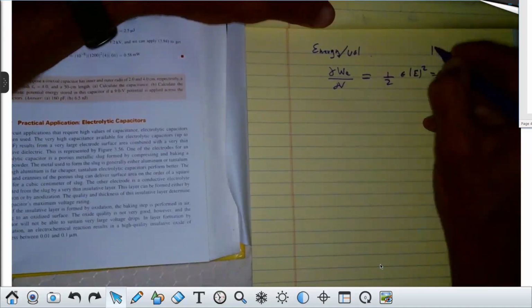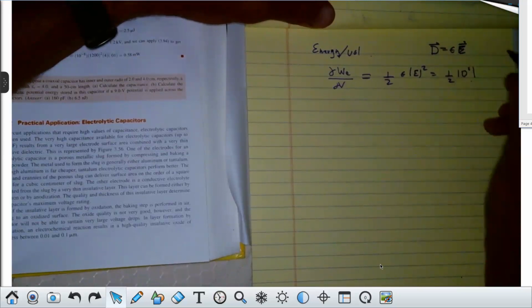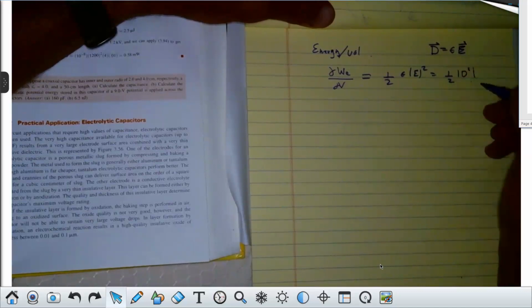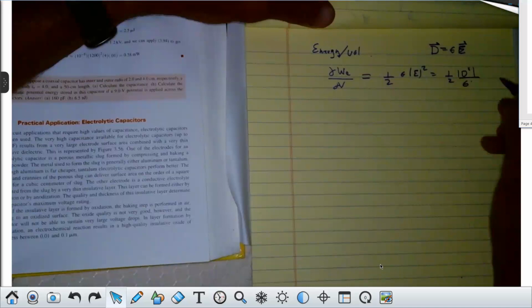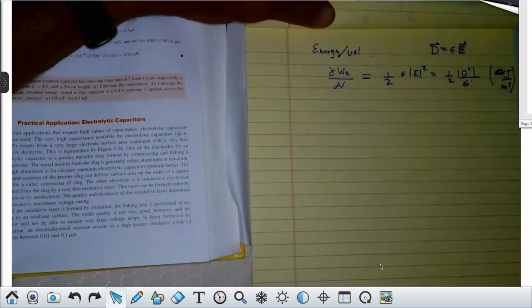By the way, D is equal to epsilon E, so E would be equal to D over epsilon, and that means it would be D squared over epsilon. And the units of these are joules per meter cubed. Do you follow me on this?